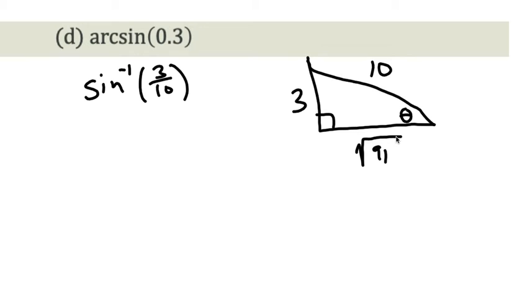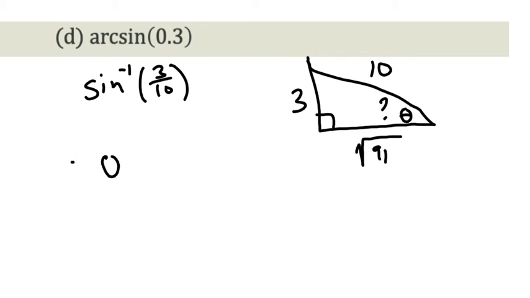But the problem here is this is not an exact angle measure. It's not a 45-45-90, not a 30-60-90. It's not one of the quadrantal angles at 0, 90, 180, or 270. So then how do we do this? That's basically just by plugging it into our calculator. So sine inverse, you've got that function on your calculator, of 0.3, to let's just go 3 decimal places.